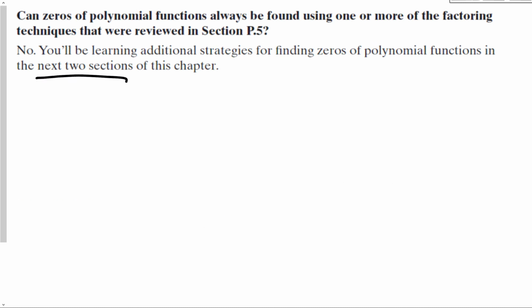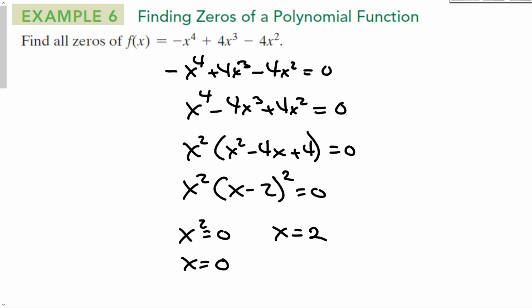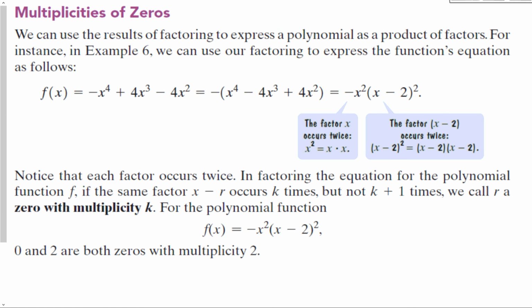So this is the same as this example right here. We took the negative out, and then we could factor out an x squared, and then we have our other factor right there. This factor, x squared, occurs twice because x times x is equal to x squared. This factor occurs twice because it's x minus 2 times x minus 2. Notice that each factor occurs twice.